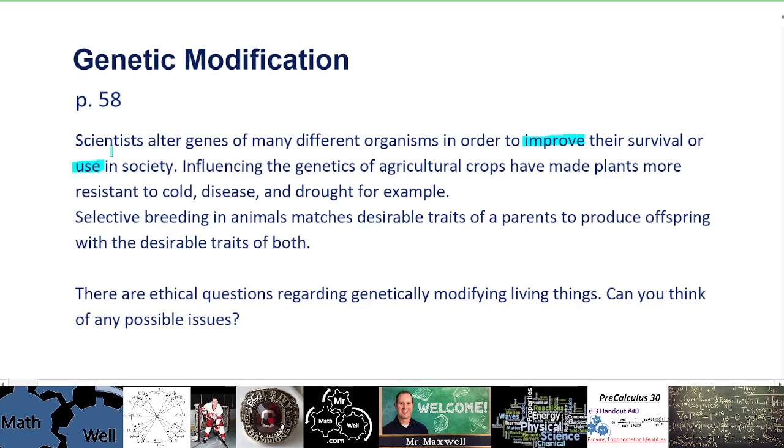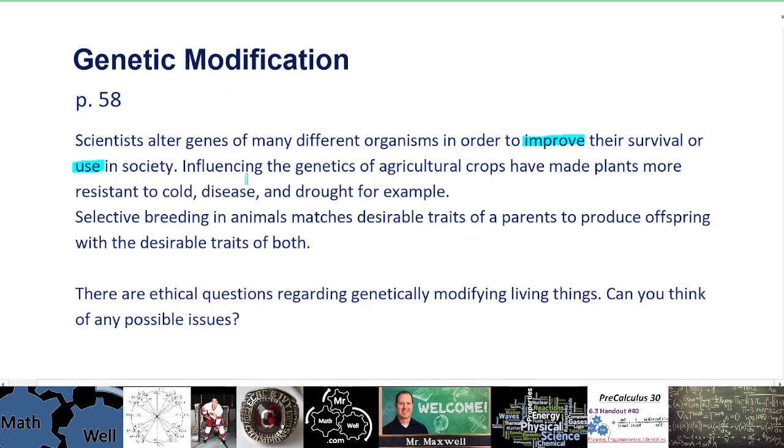So if we're talking about longer fur for animals so they can survive colder climates, or larger animals or livestock that are harvested for the meat that we eat, there are different influences, different alterations, and a lot of it's through selective breeding, but there are genetic alterations or modifications that can be made straight to the genes as well that would change organisms in a way.